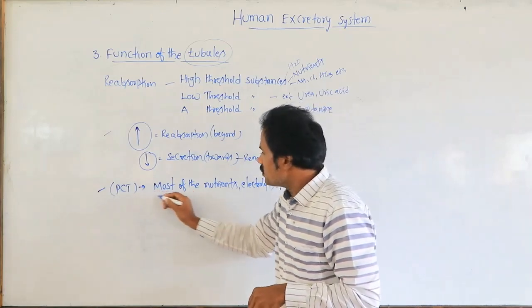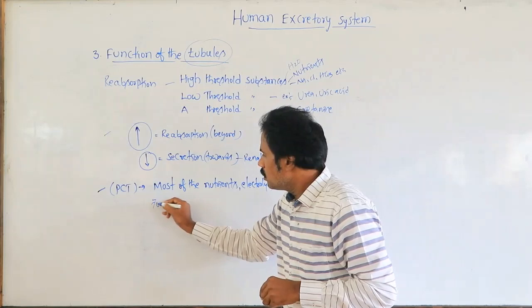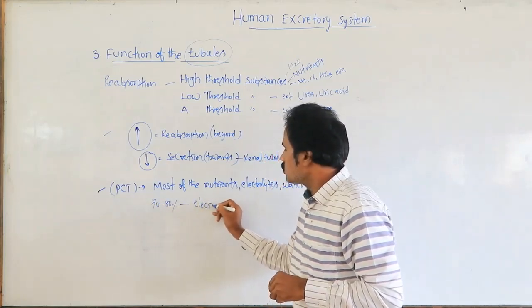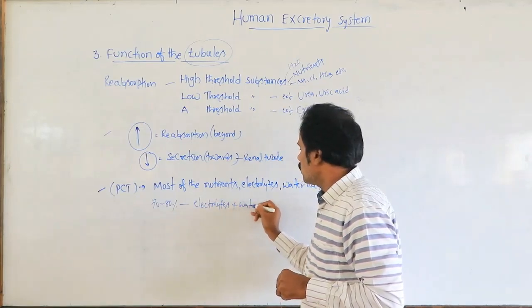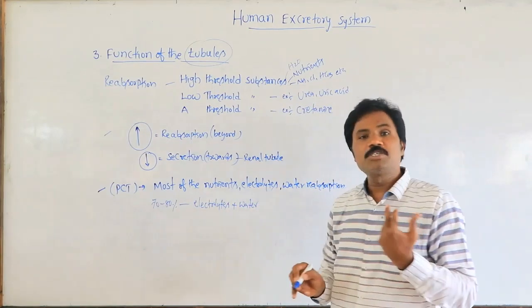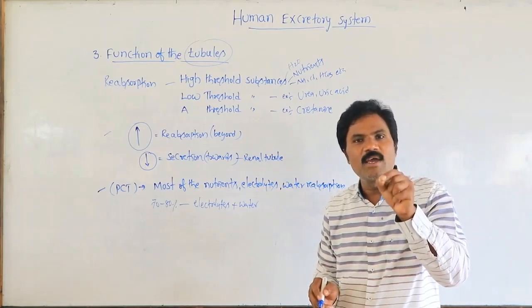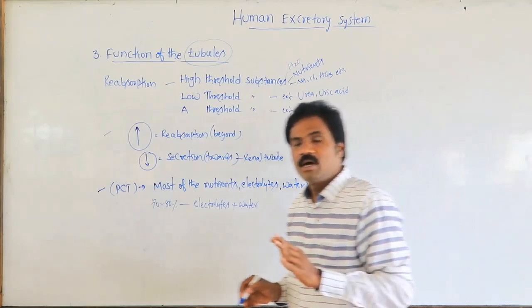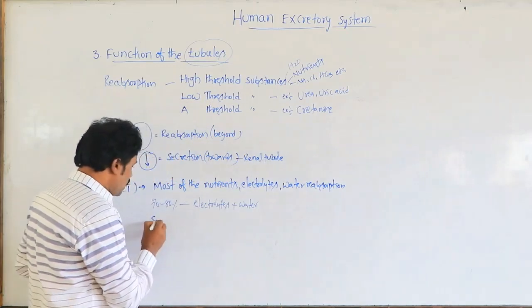In the proximal convoluted tubule, 70 to 80% of electrolytes and water reabsorption takes place. Along with this, selective substances are ready to be secreted, ready to be eliminated.